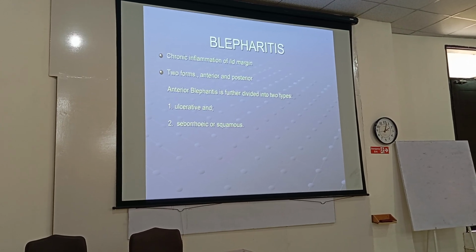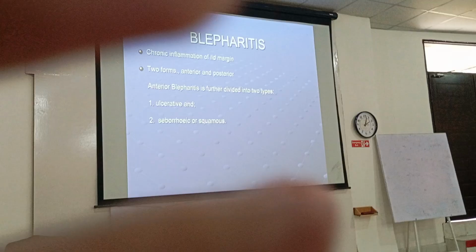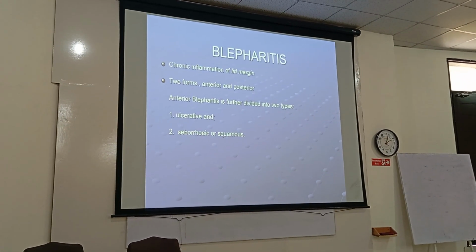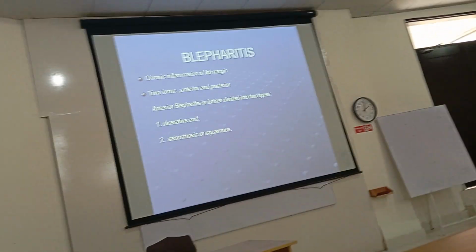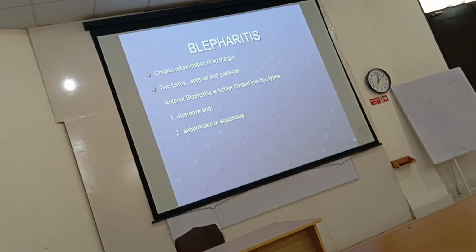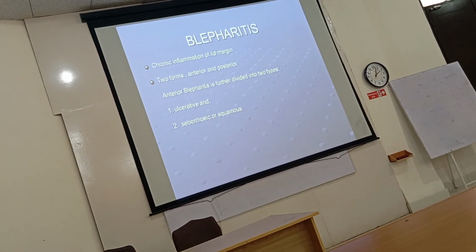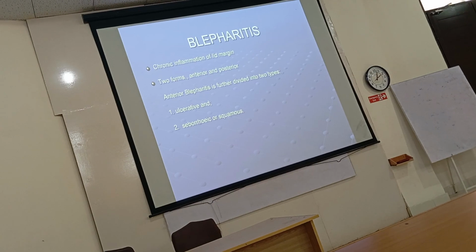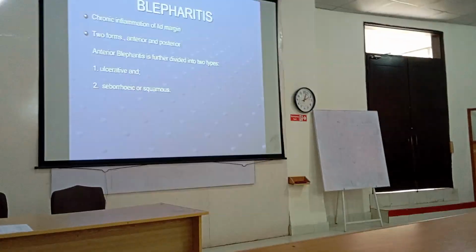The mainstay of treatment of any kind of blepharitis is basically lid hygiene. Lid hygiene with baby shampoo in a small warm bowl of water. And the medicines which we give, like ointments and drops, they act secondarily, but the mainstay, you must remember, is lid hygiene.